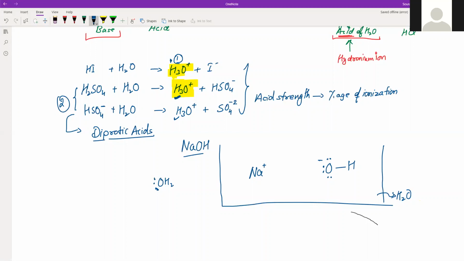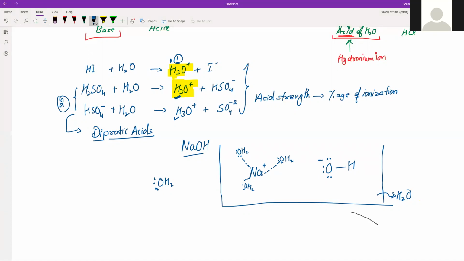So these OH2 are attracted towards this Na plus, because there is an electron cloud, a lone pair of electrons there, and this O has a negative charge.